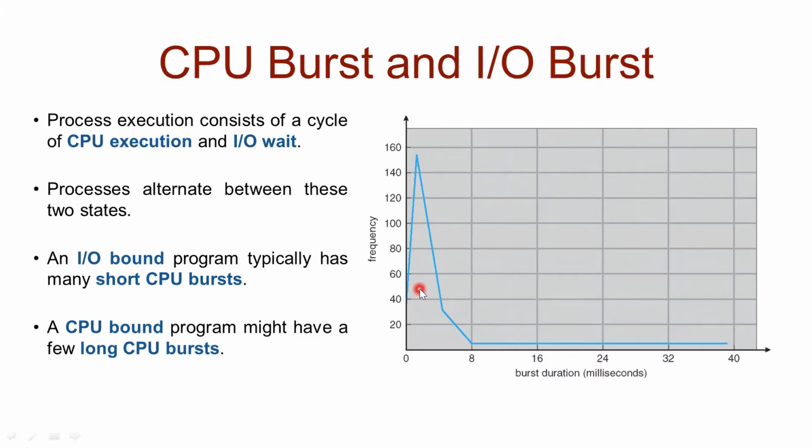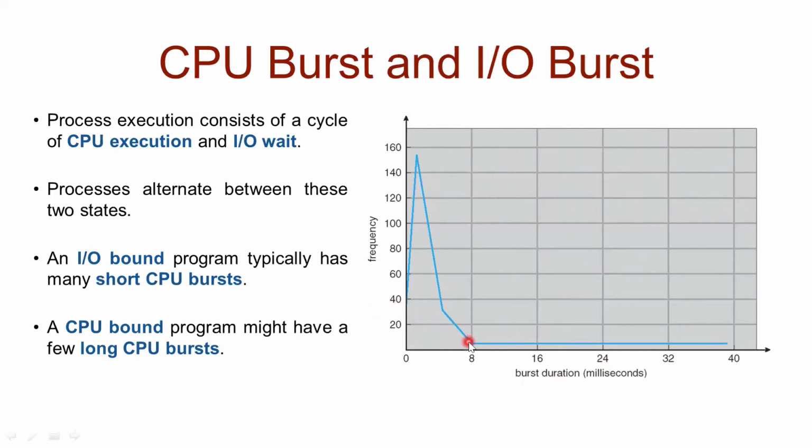The durations of CPU bursts have been measured extensively, although the length of a CPU burst varies from process to process. But a curve has been plotted, which is generally exponential or hyper exponential. In this curve, we will see processes which have shorter CPU bursts. The x-axis shows the CPU burst duration and the y-axis shows the frequency.